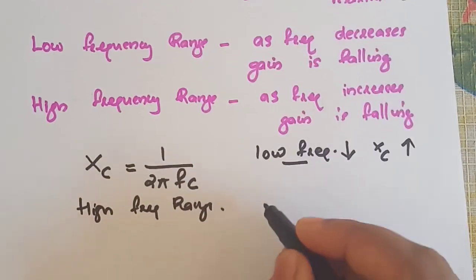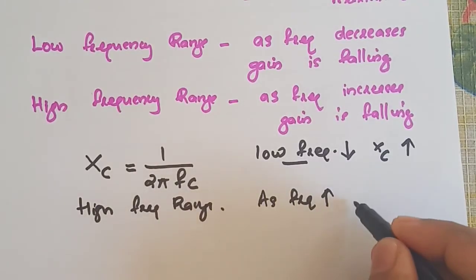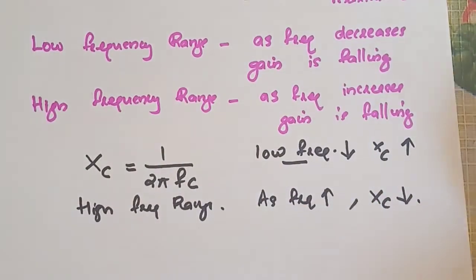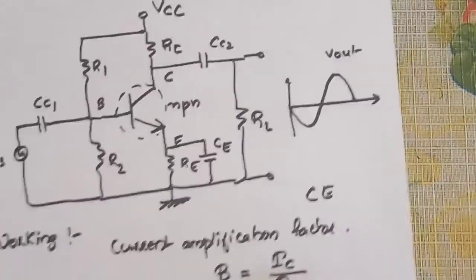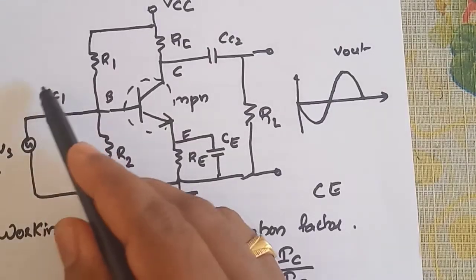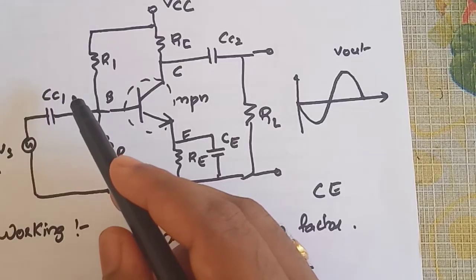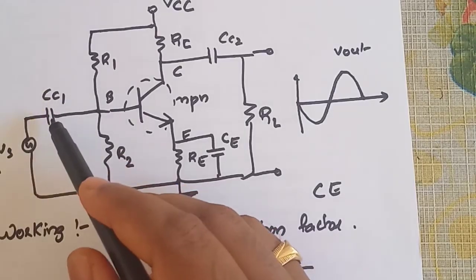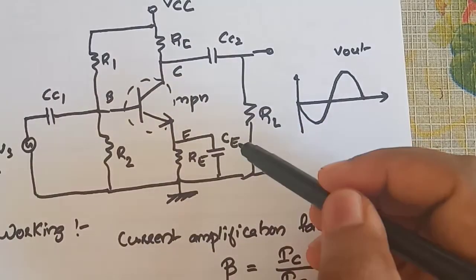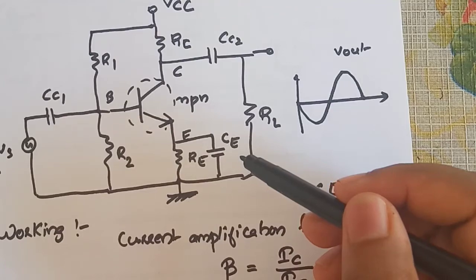That is, as frequency increases, Xc decreases. So in this case, the coupling capacitor offers a very low reactance. It almost acts as a short circuit at very high frequencies.